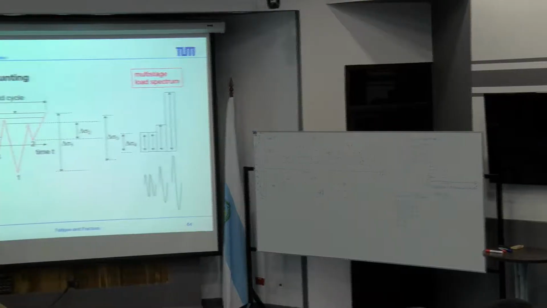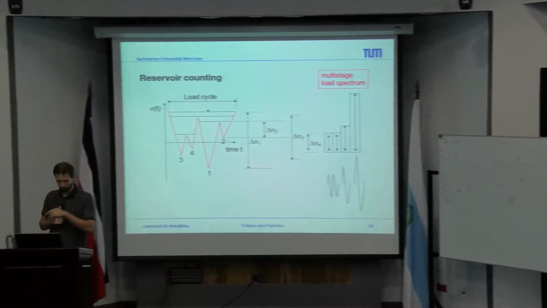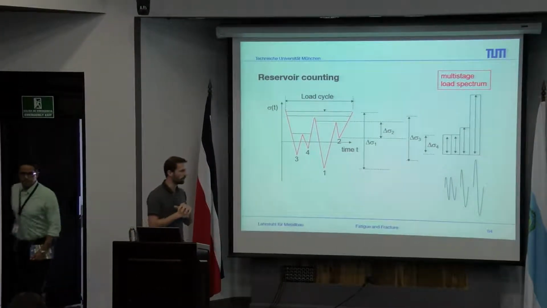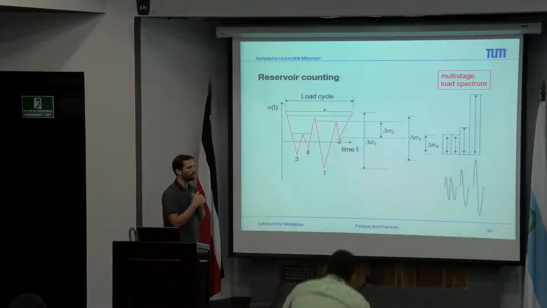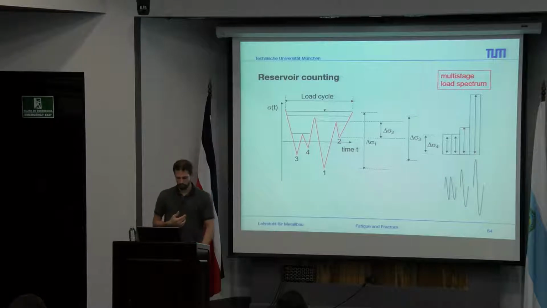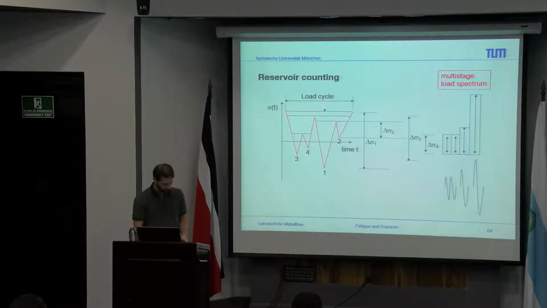So why? If you go, for example, and do the same for a longer time series, then at the same level you would not reach the same amount. So it would really be different at the same time.